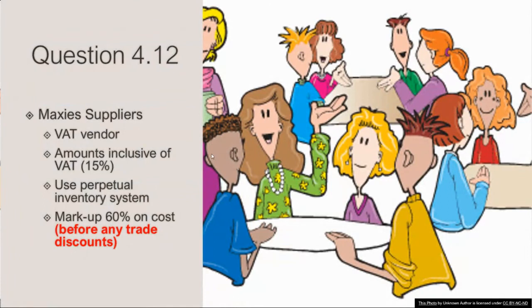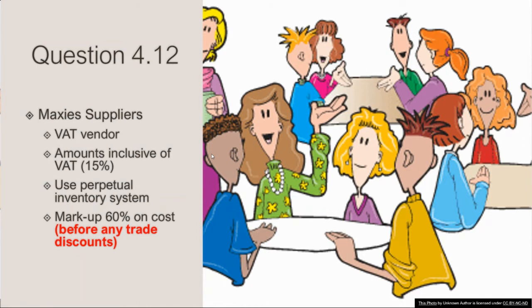Then the next sentence they take, make use of column headings for document number, day, name of payee, bank, creditors control, input VAT, trading inventory, and sundries. So they're basically telling you which headings to use in your journal specifically for your cash book payments.